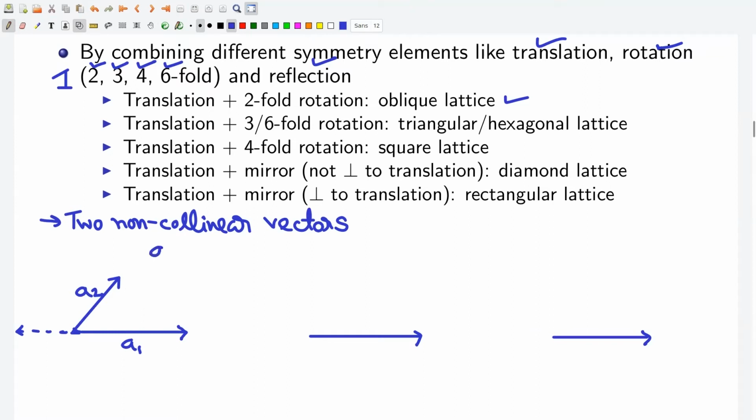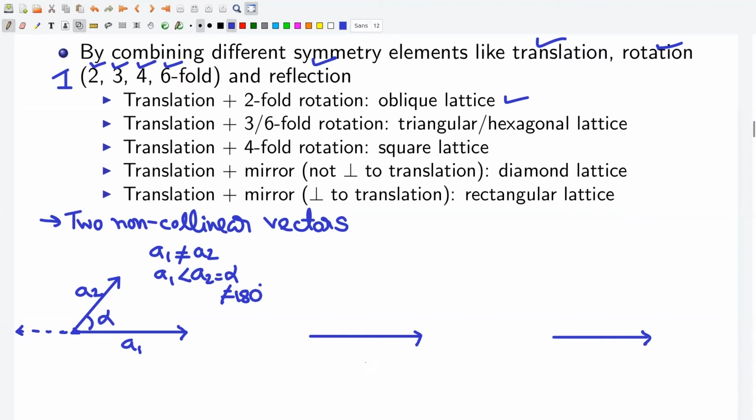That means A1 is not equal to A2, and they have some angle, and there is no restriction on the angle either. The only thing is that it cannot be 180 degrees, because that will give you the same vector, not two non-collinear vectors. So the angle between A1 and A2 is some general angle alpha, which cannot be equal to 180 degrees. This is the angle alpha.